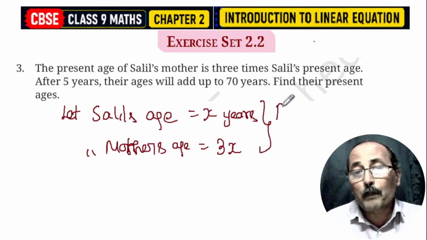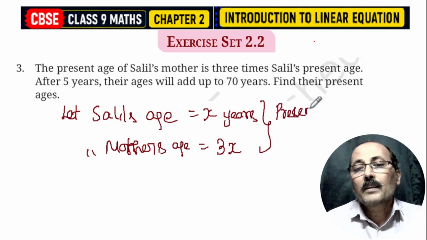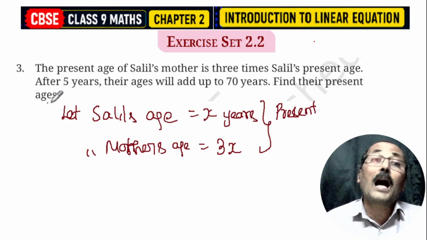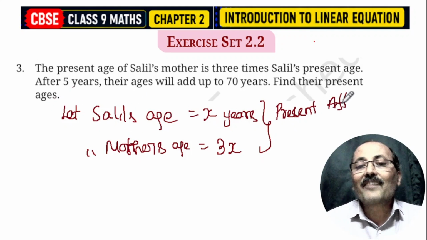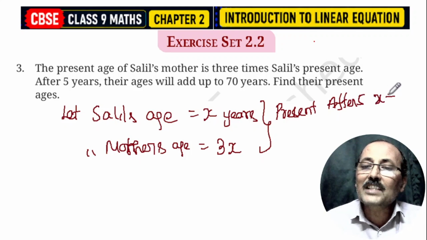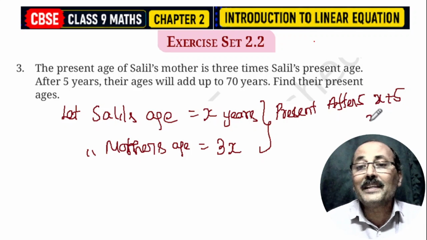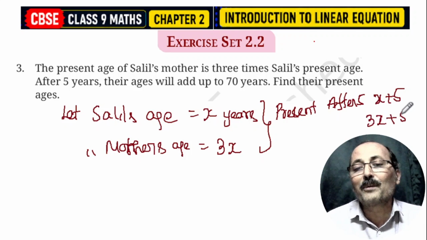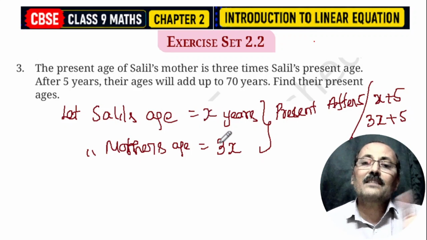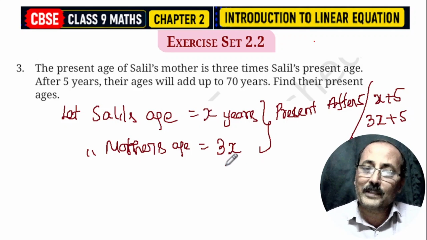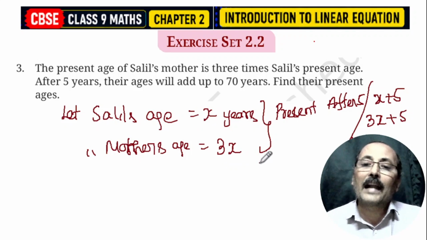These two are present ages. After 5 years, one will be x plus 5 and the other will be 3x plus 5. Are you able to understand? Whatever it is now, after 5 years it will be 3x plus 5.